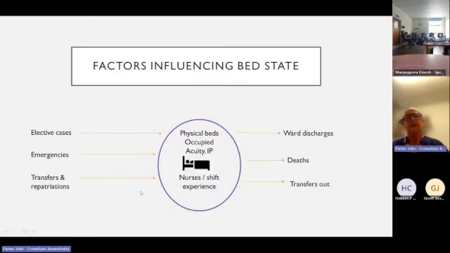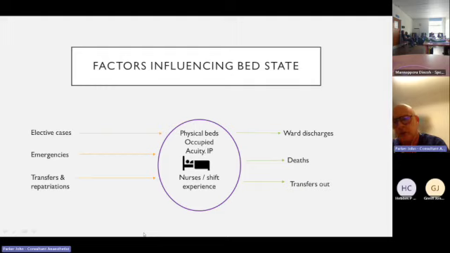Okay. And there'll be lots and lots of potential things that influence the state of our beds. So the circle in the middle, as you well know, our intensive care unit has a fixed physical number of beds, some of which will be occupied by patients, and their acuity might be HDU or ITU, and that will determine the amount of nursing that's required for them.